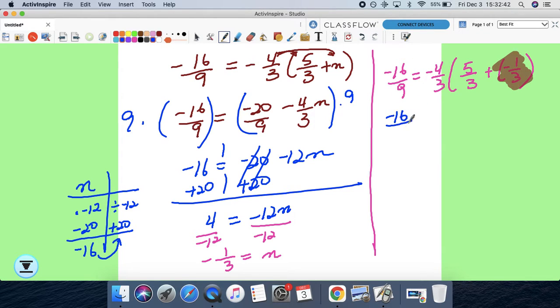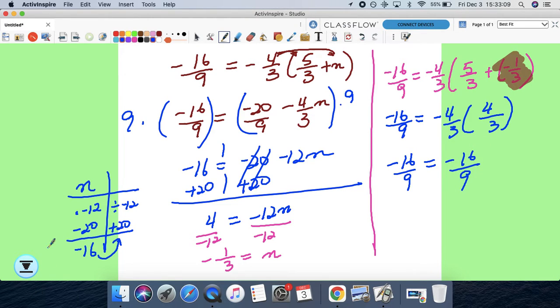Negative 16 over 9, I can combine like terms inside the parentheses, so keep the denominator, add the numerators. 5 plus negative 1 is just 5 minus 1, or we just write 4. Uh-oh, where's the variable? Okay, sorry. I may have nightmares from yesterday. Then negative 16 over 9 equals, and if we multiply this, it's a negative times a positive, which is a negative. 4 times 4 is 16, and 3 times 3 is 9. Thank you. That was nice and simple.